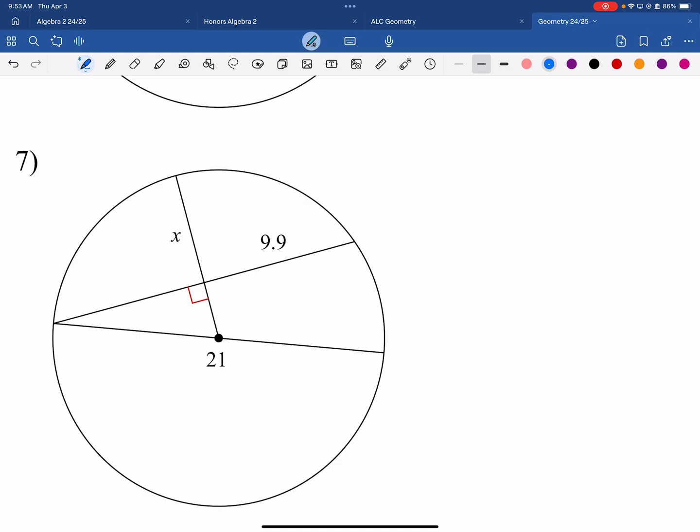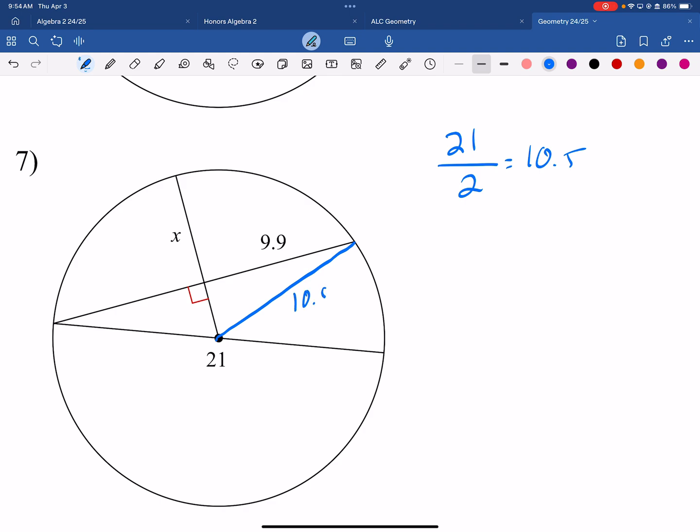So, we got all of this. We've got our perpendicular. This is 9.9. I can draw this line in here, right? When we think about it, we're going to really do exactly what we did last time. I know the radius. What's the radius? 21 divided by 2 is 10.5.